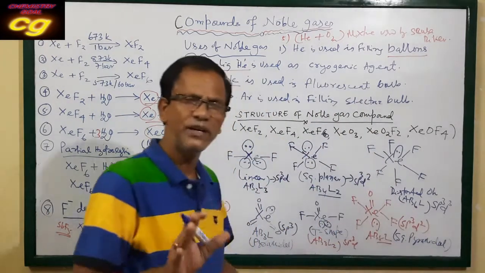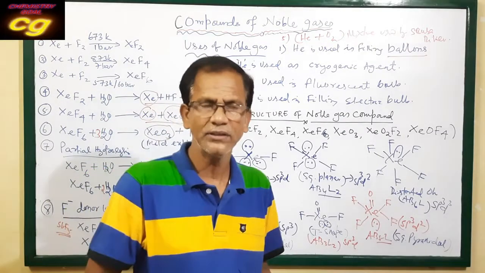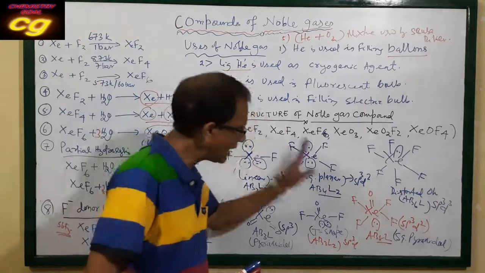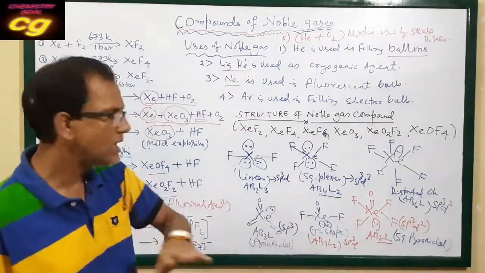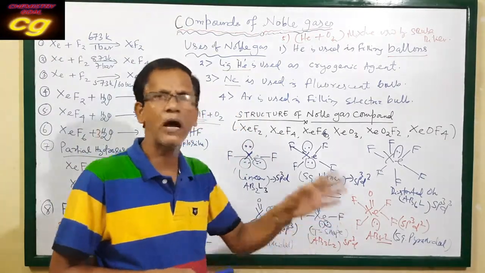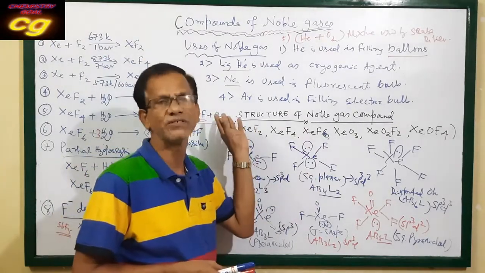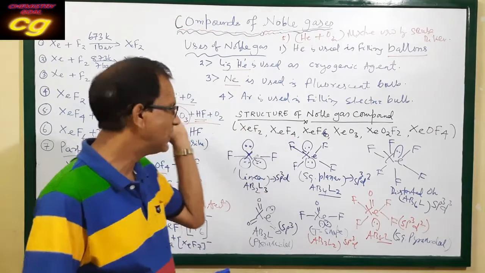This concept we have already read in class 11th in VSEPR theory. So we have applied VSEPR theory: how many bonded atoms and how many lone pairs are available around the central atom. Then we can know the shape.